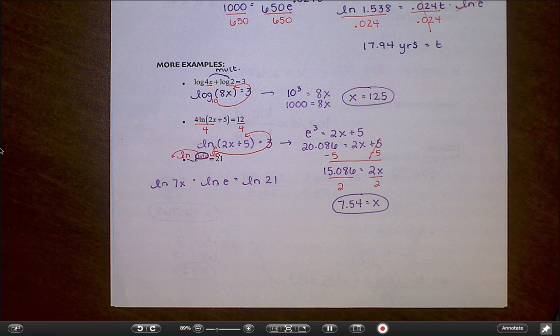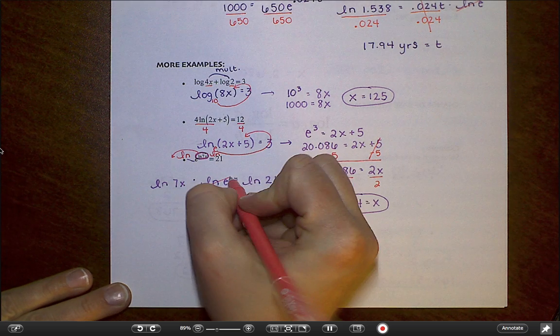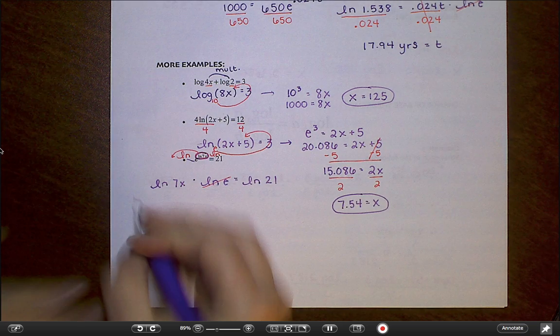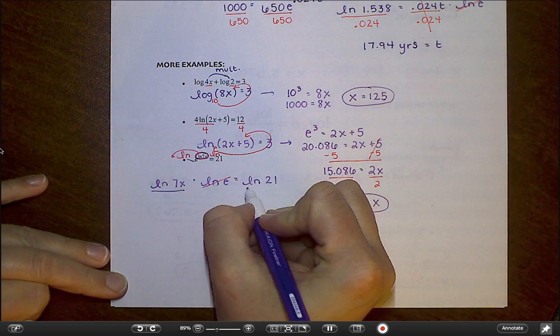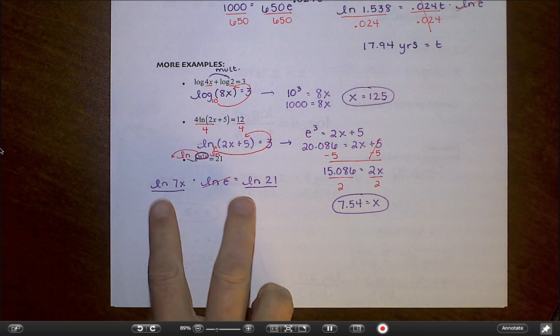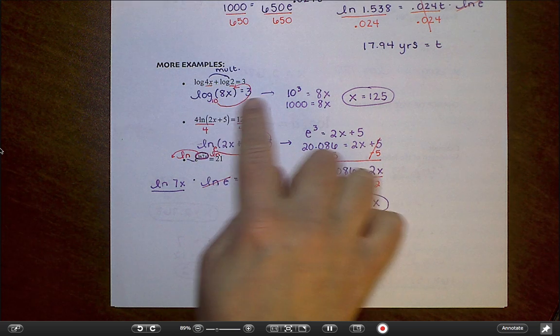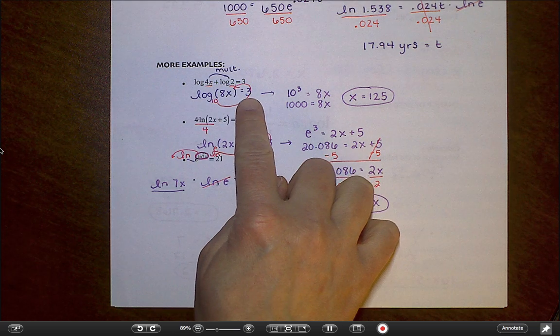Now don't go crazy and start crossing off natural logs all over the place, but we do know that natural log of e cancels out. And so now essentially we have natural log of 7x equals natural log of 21. This is a different situation than what we had here. Up here we had the log just equal to a number on the other side.